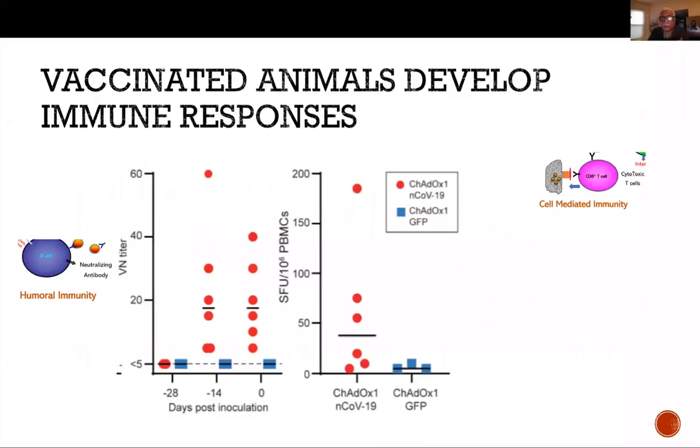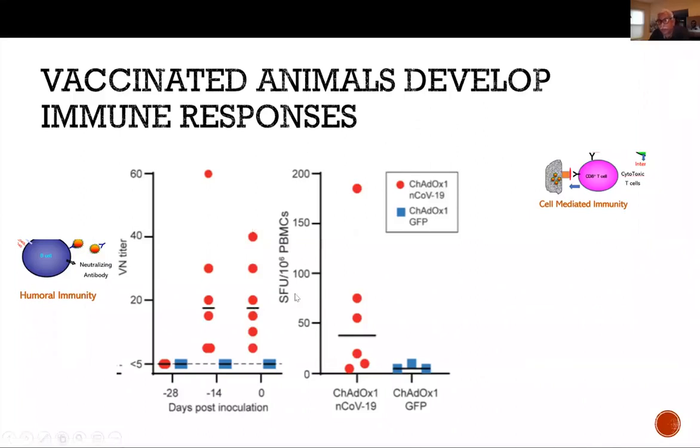So this is the result. The vaccinated monkeys develop immune responses as expected. All the red dots are the vaccinated monkeys. The blue dots are the control monkeys. We are measuring neutralizing antibodies, the virus neutralizing titer, and you can see that the vaccinated monkeys are developing neutralizing antibodies.